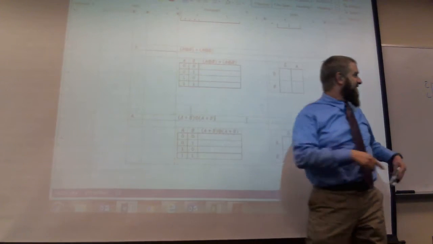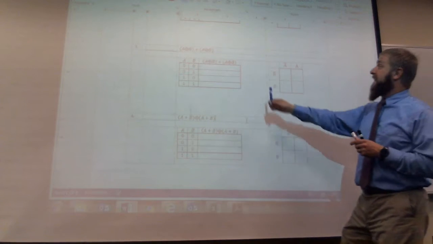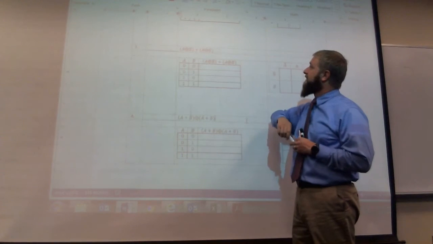A or A is equal to A. Therefore, A XOR B or A XOR B, you only need one of them. So it'd be the same as A XOR B. So you'd save a little bit of time by not doing this.